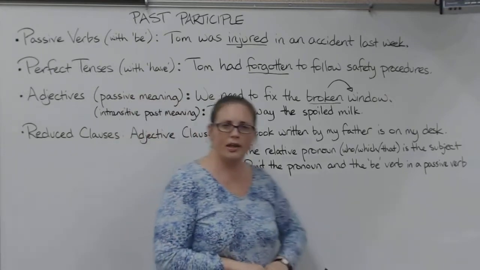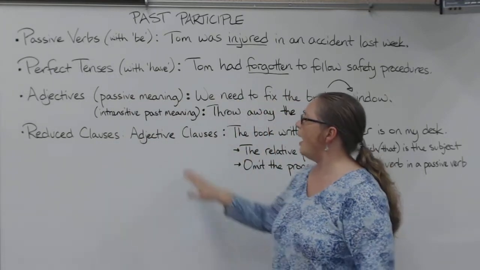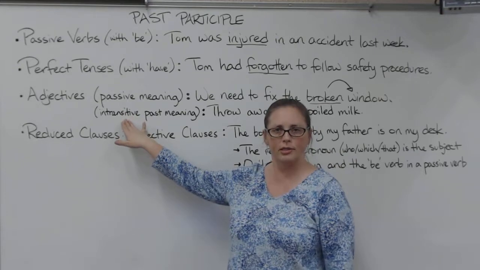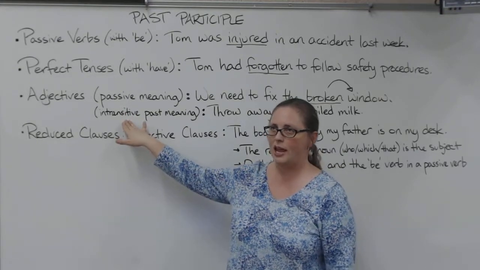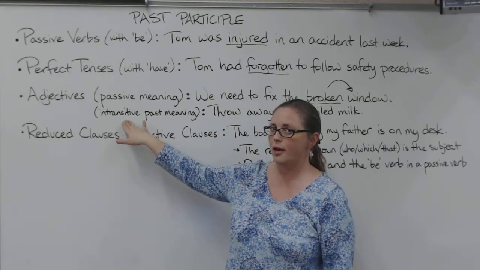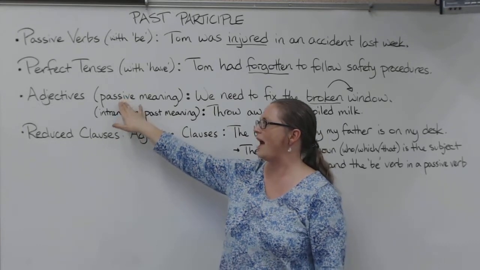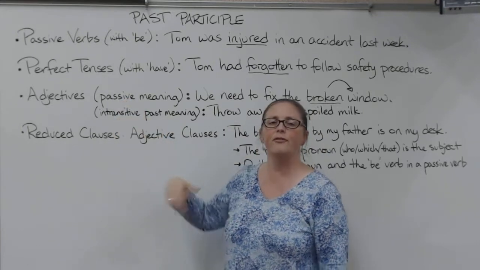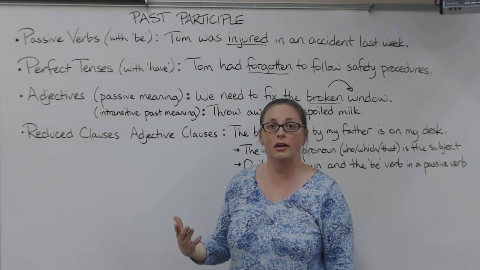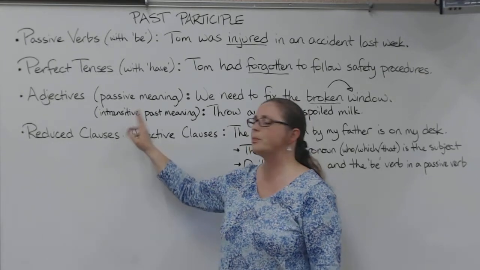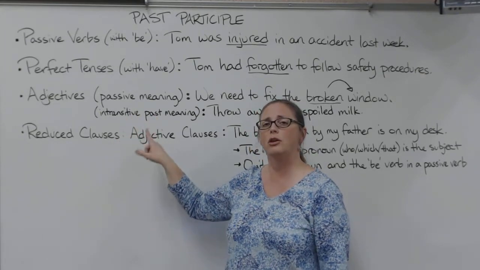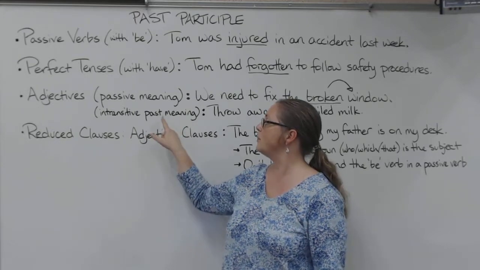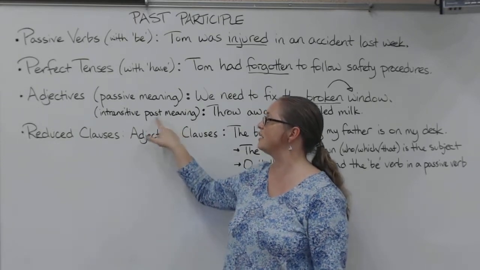Now, it's also possible that you might have a verb that is intransitive. That means it does not take a direct object. So there is no passive form if a verb is intransitive. If you have an intransitive verb, sometimes you may use the past participle for a past meaning.